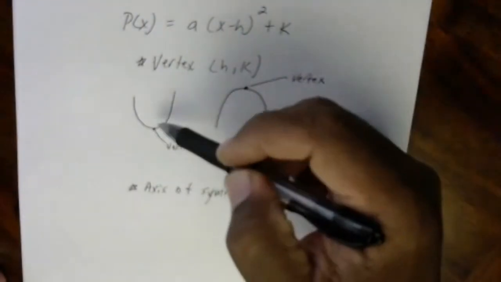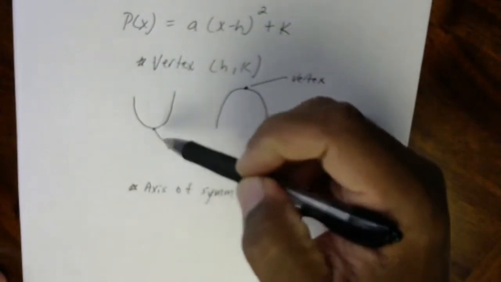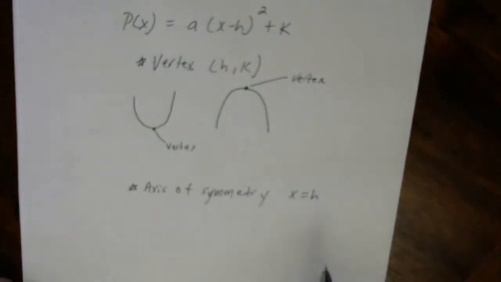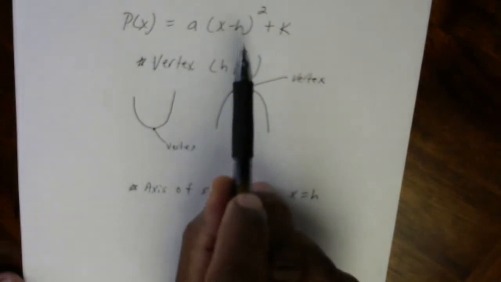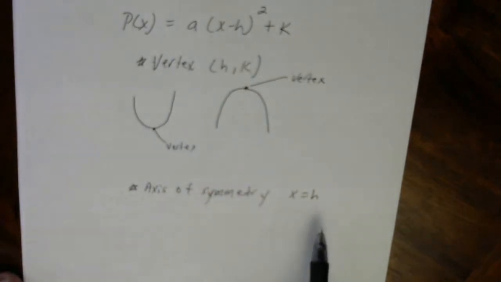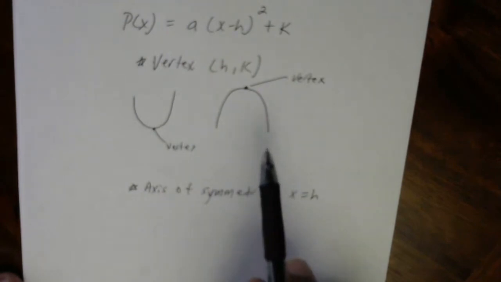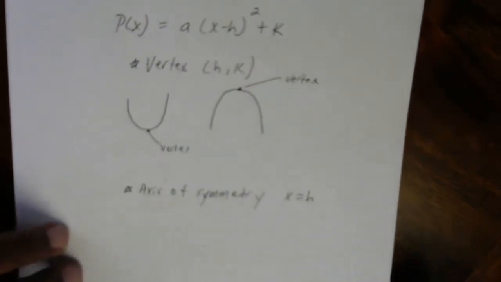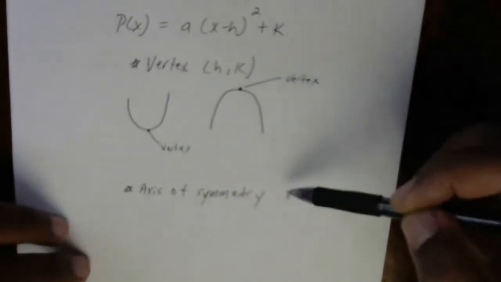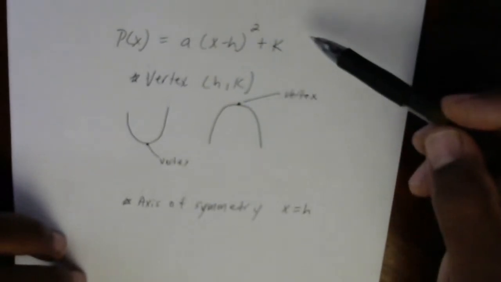We can actually find the equation for that axis of symmetry. So we would simply take the h coordinate of our vertex, and that would serve as the constant in our equation for the axis of symmetry. All right, so these are two things we can actually pull out of this vertex form.